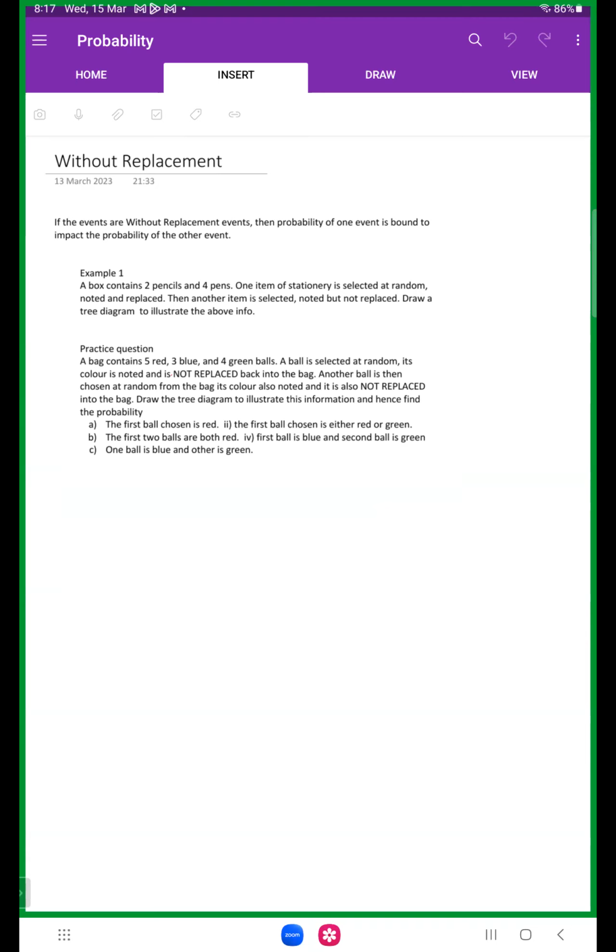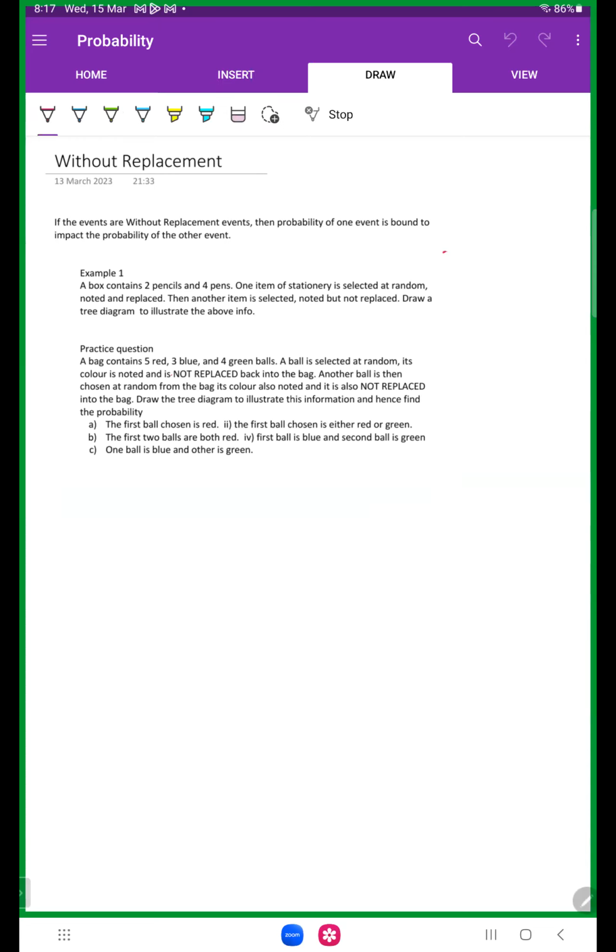So if I'm not replacing the items back in the bag, either pencils or balls, then what would happen? My denominator would reduce. Yes, it will reduce.